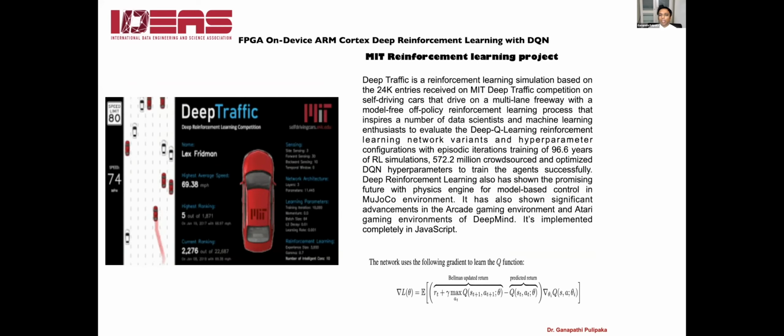A number of data scientists were asked to participate in a competition and create a deep reinforcement learning algorithm where the cars are operating on a multi-lane freeway. And so there is a model-free off-policy reinforcement learning that has been done. As I mentioned again, reinforcement learning sometimes requires some type of off-policy training, so that it at least understands the basics of the environment.